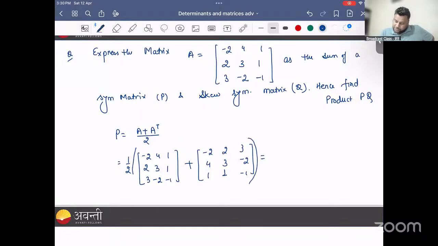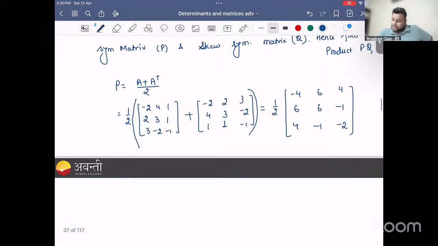This is going to be your P. That is half of minus 4, 6, 4, 6, 6 minus 1, 4 minus 1 minus 2. And then if you do half of it, your P is going to be, take 1 by 2 inside, minus 2, 3, 2, 3, 3 minus 1 by 2, 2 minus 1 by 2 minus 1.